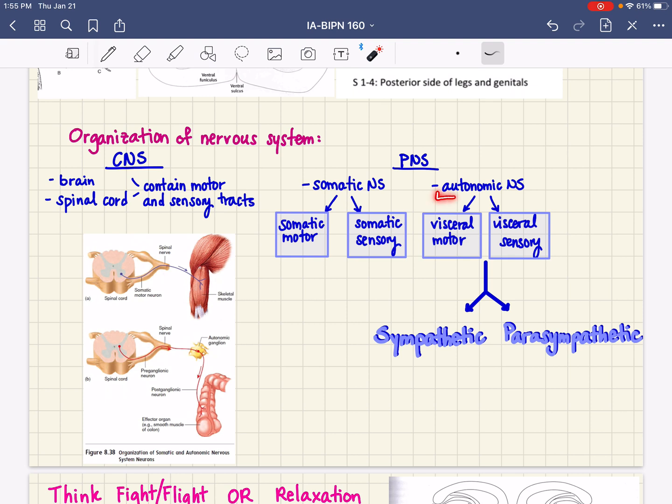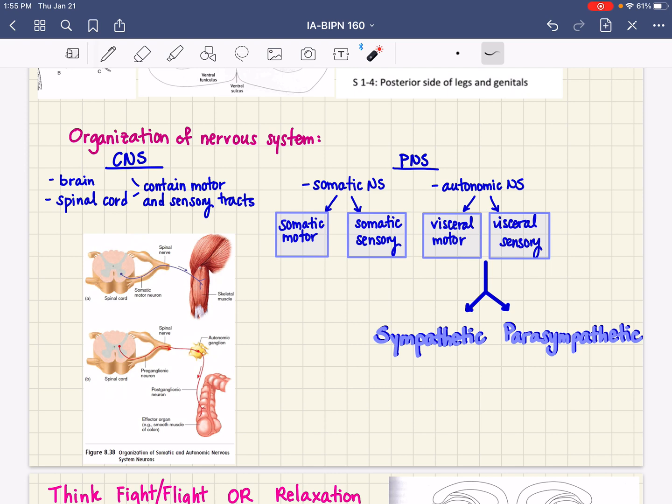And then the autonomic nervous system, or otherwise called the visceral nervous system, is part of the PNS that deals with gathering sensory information, or sending motor information to the viscera of our body. And viscera means organs or tissues or glands.